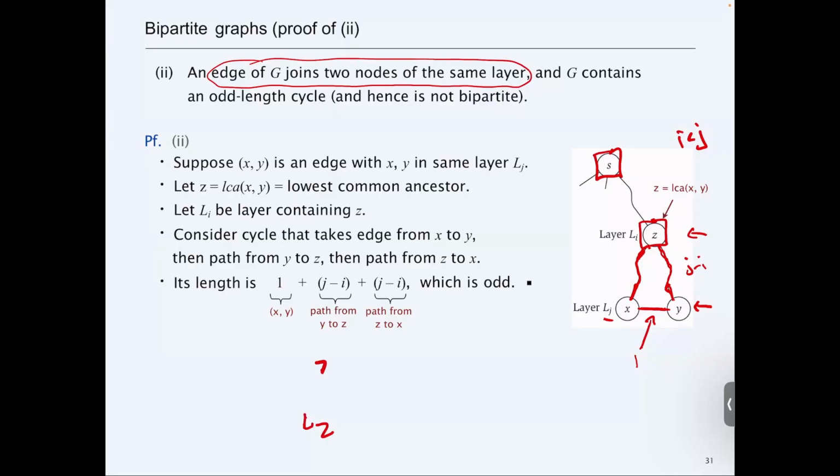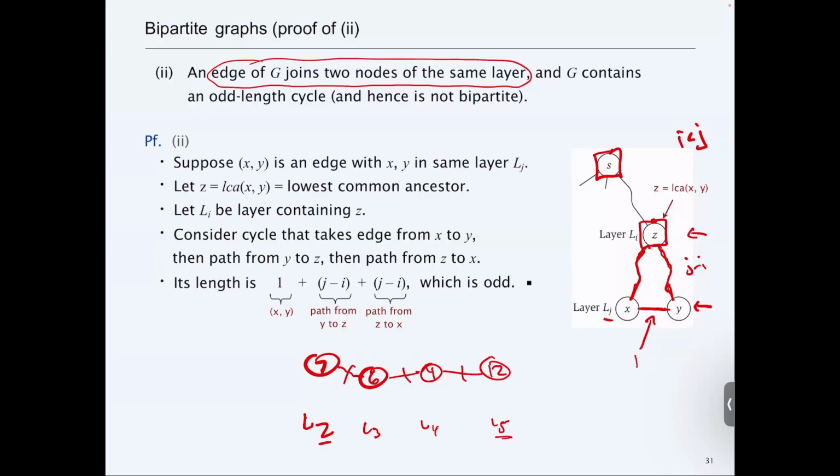So we have maybe a 7 at layer 2, and we're connected to maybe a 6 in layer 3, and we're connected to a 4 in layer 4, and we're connected to a 12 in layer 5. What is the path length from 12 back to 7? Well, 1, 2, 3, which is just simply 5 minus 2. So the path length from Y up to Z is J minus I.